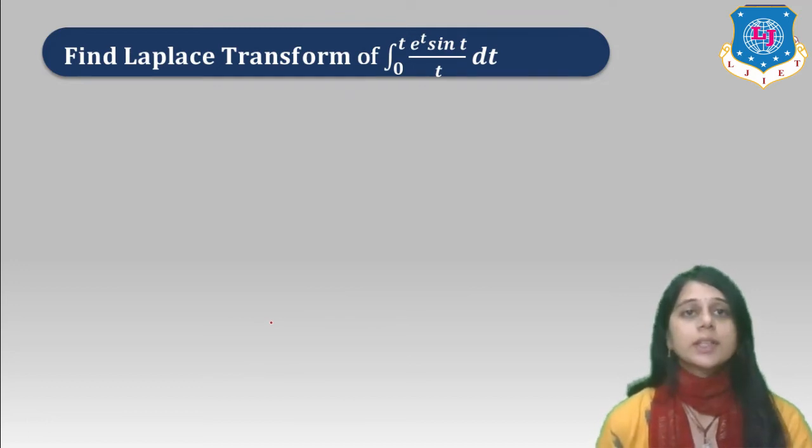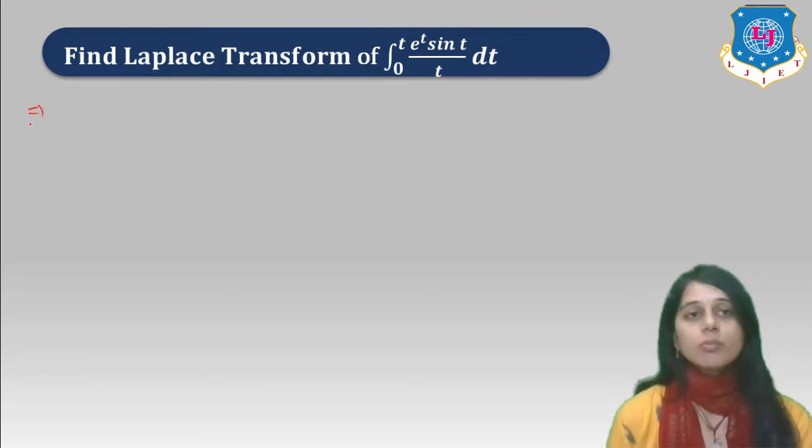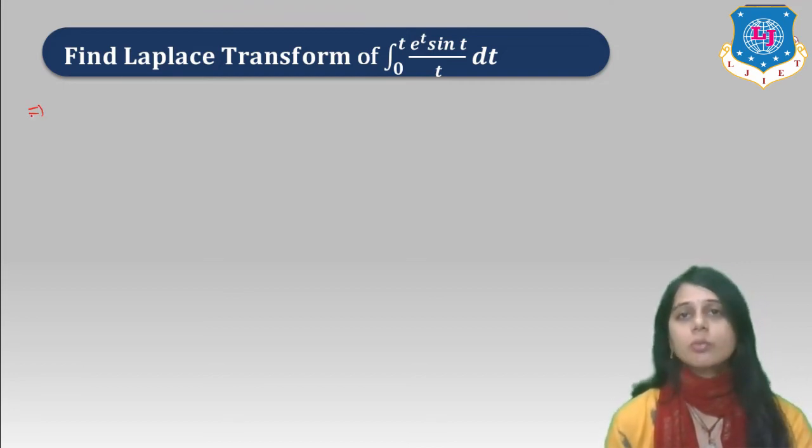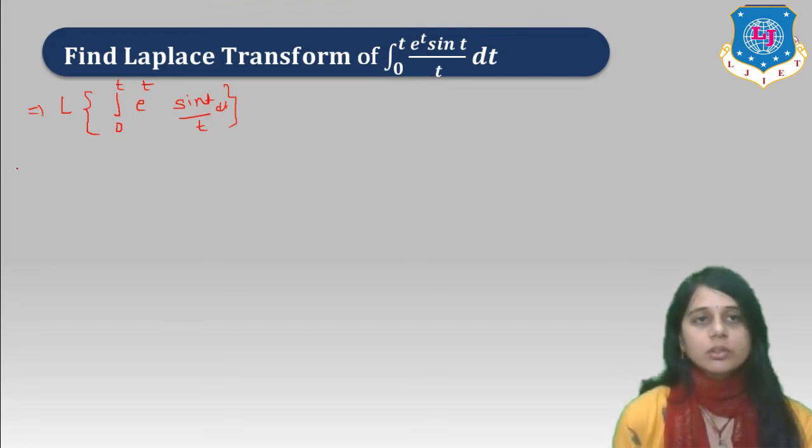Now, the next example is the integral from 0 to t of e^t sin t by t dt. Here we must follow the order of the formula. Step 1: the original function.